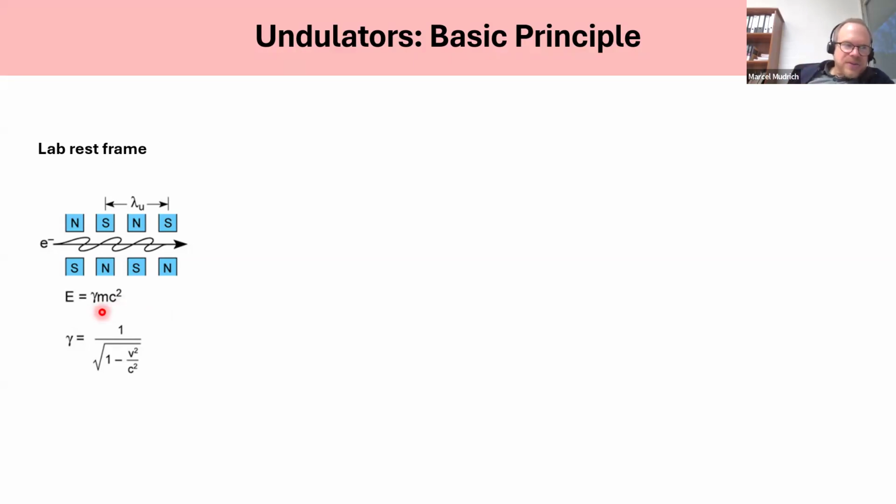Remember, the rest mass of electrons is 511 keV over c squared. And gamma is the relativistic factor given by 1 over the square root of 1 minus v squared over c squared.